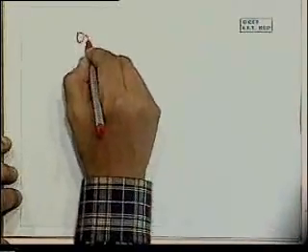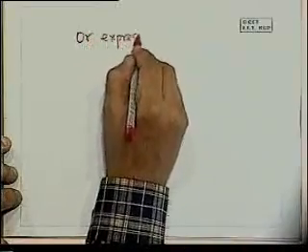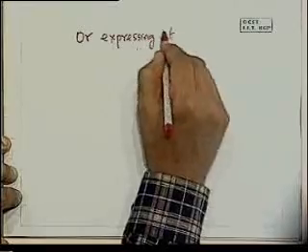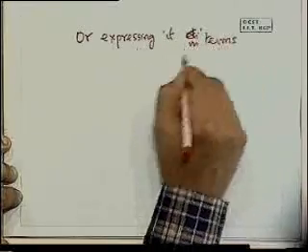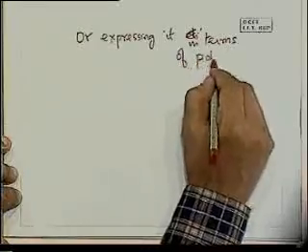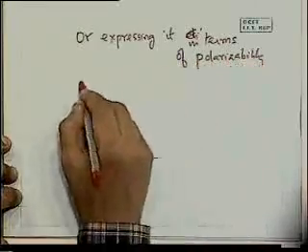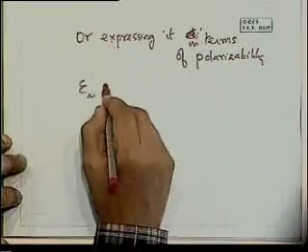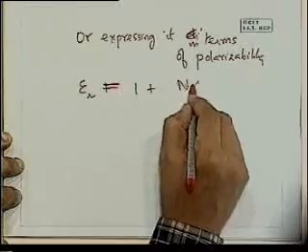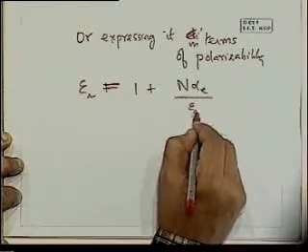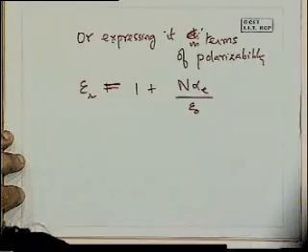Or if you express it in a different way, in terms of polarizability, I should say, we have epsilon r, where I simply substitute for chi E, is equal to 1 plus n alpha E by epsilon naught. We had an expression for chi E in terms of polarizability.